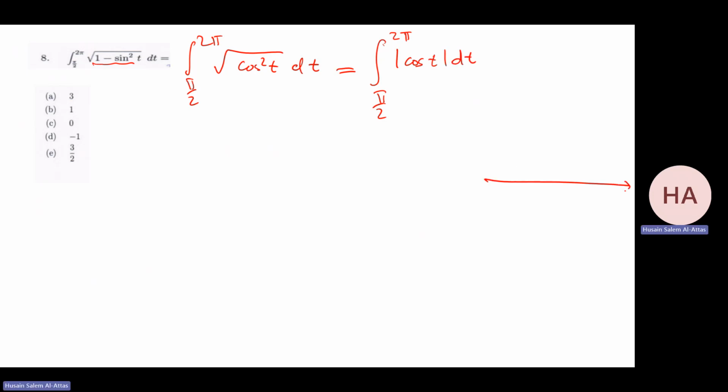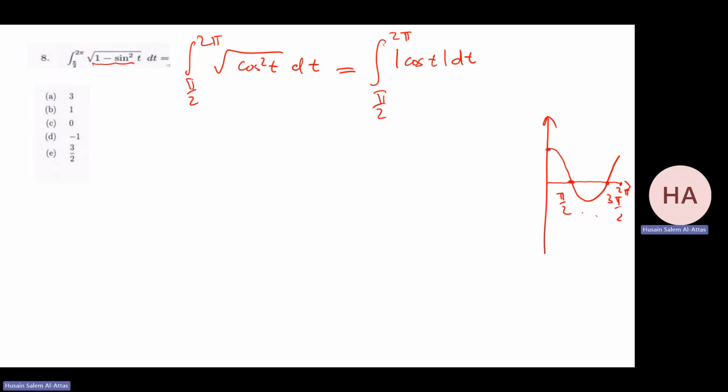You know the graph of cosine, easy one. It goes up, goes down. This is pi over 2. This is 3 pi over 2. And this is 2 pi. I want it from pi over 2 to 2 pi. So I need to split it into this negative part and this positive part, as an absolute value.